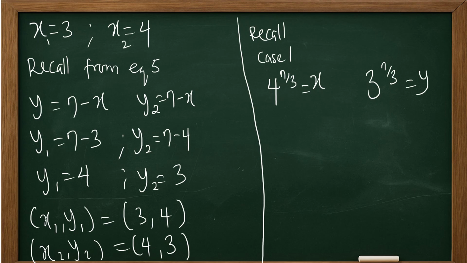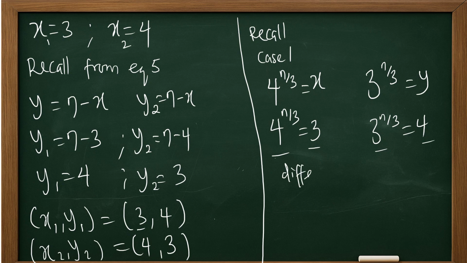For case 1, that is when x is 3. So 4 to the power of n over 3 equals to 3. And here we have 3 to the power of n over 3 equals to 4. If you look at the base, they have different bases. So since we have different bases, this cannot work. Because this cannot be simplified further.